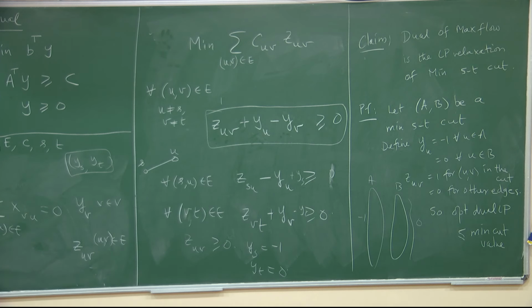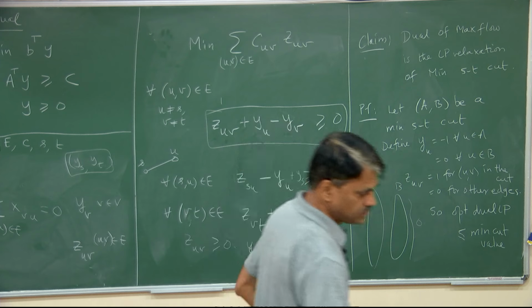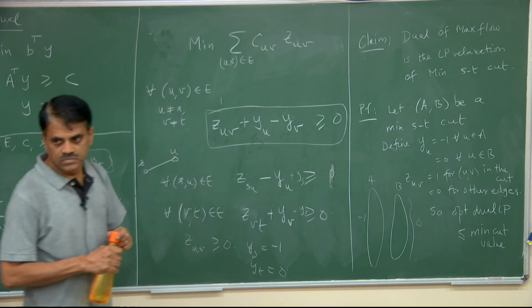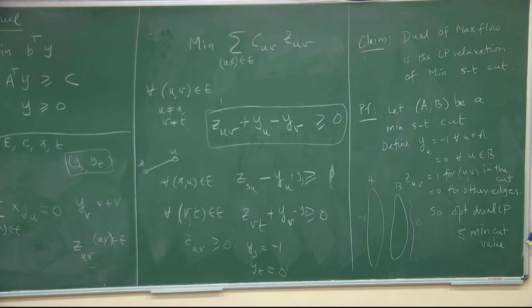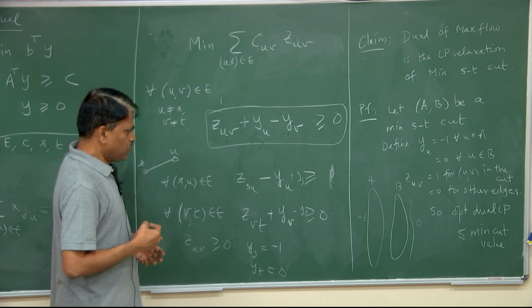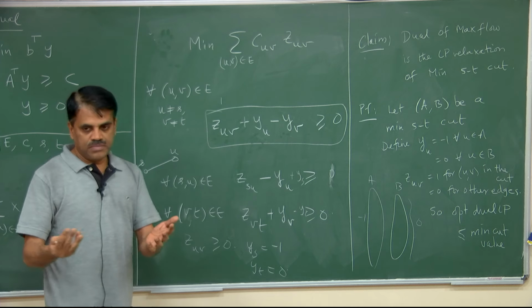We said YV, these are unrestricted. And we are defining it as equal to minus 1, so we are restricting it. No. What did I do? You give me an ST cut.